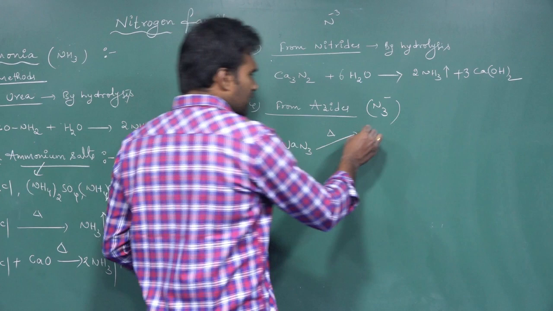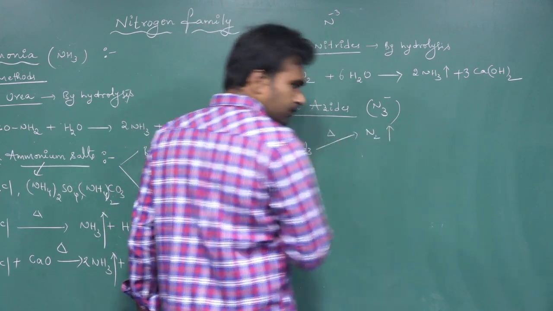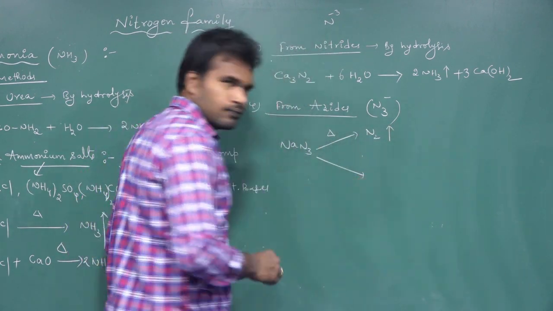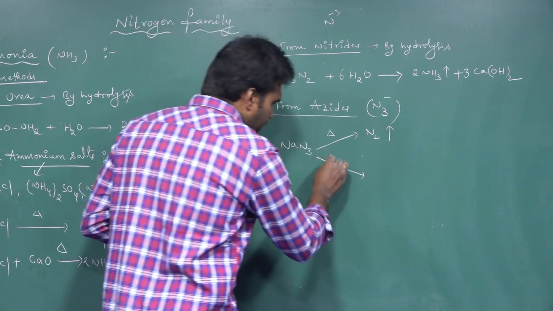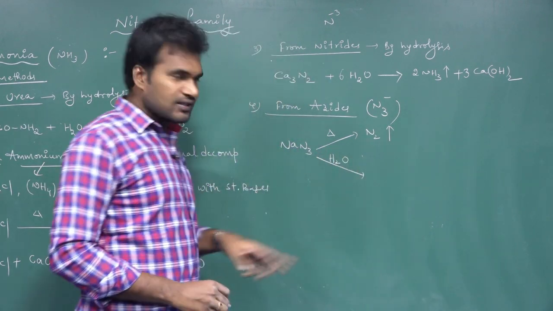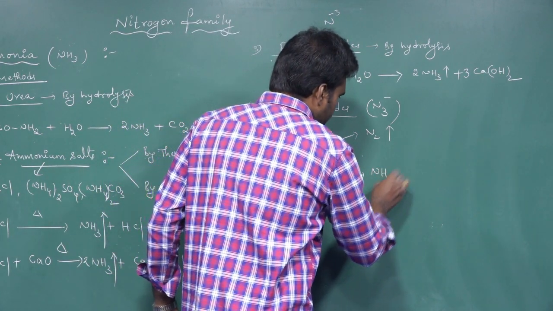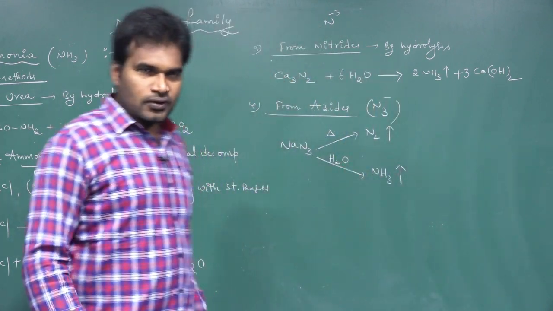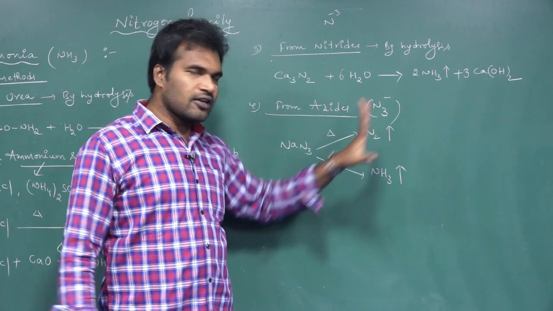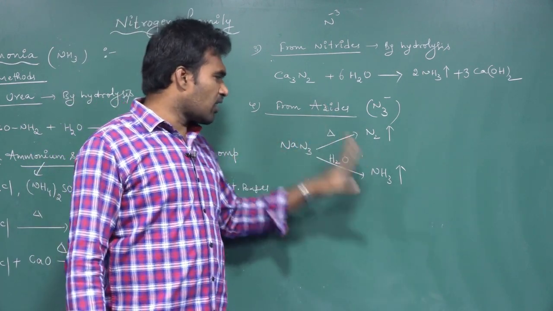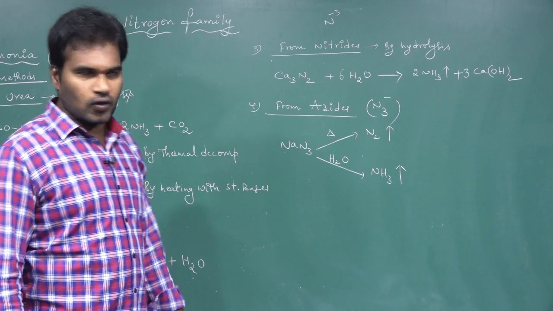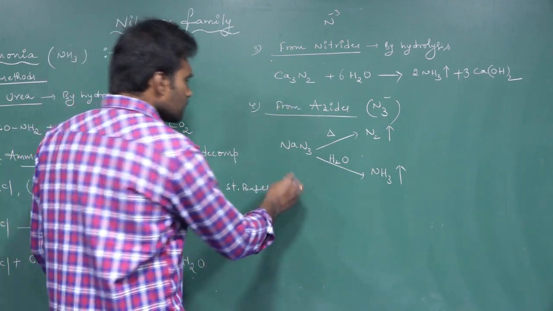The same azides, instead of heating, if you hydrolyze, on hydrolysis of azides, what we get? Ammonia. Understood? Remember this point. Azides on heating give nitrogen, whereas azides on hydrolysis give ammonia. So this is the fourth method.